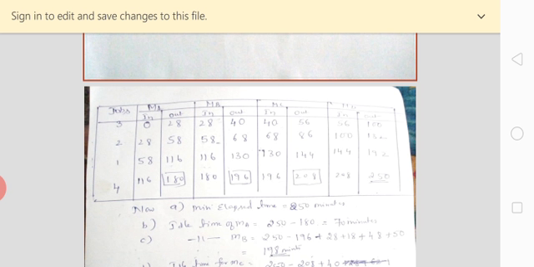Machine B now, just be careful here. I already told you in the previous video class, whenever you are solving machine B, you have to be careful about the output times of the previous machine, that is machine A. After 40 minutes only, the processing for the third job is finished.